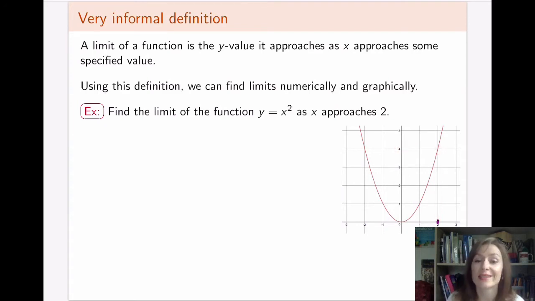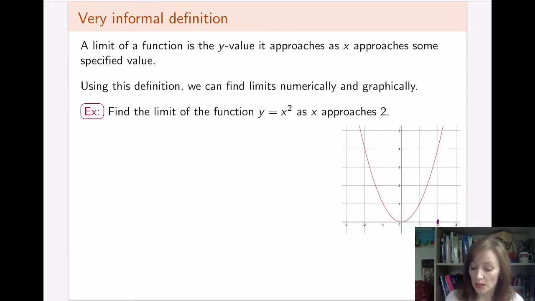This is a nice simple function, so the answer here is pretty clear just from the graph itself. If x is really, really close to 2, then I expect that my y value is going to be really, really close to 4.